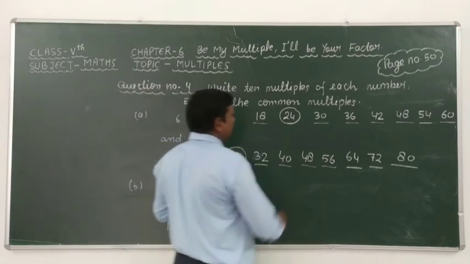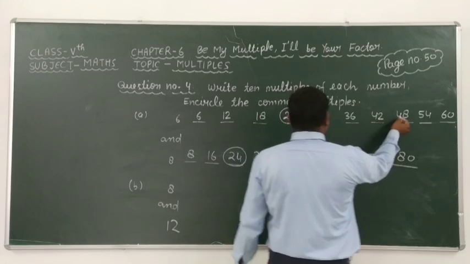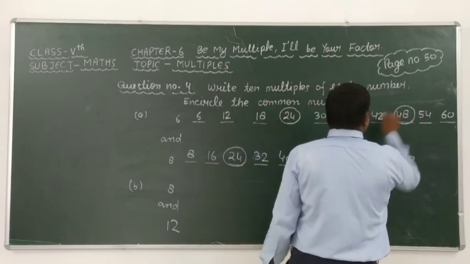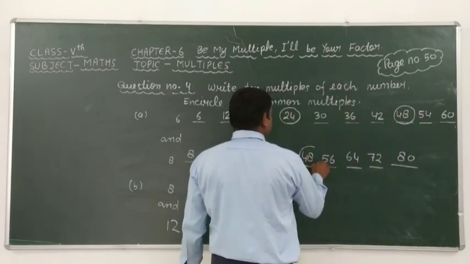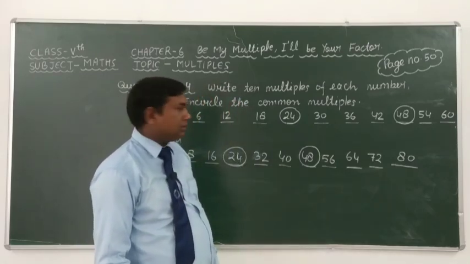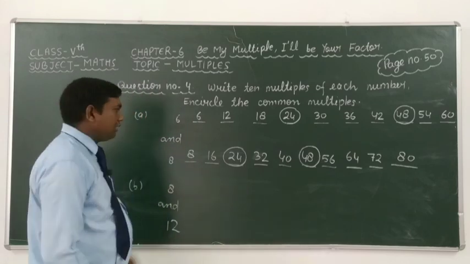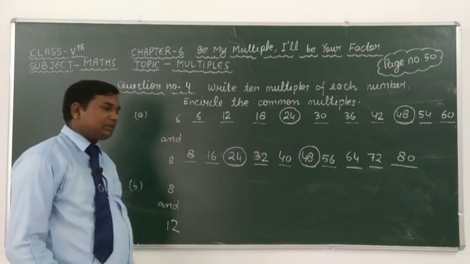Similarly, look, 48 and here we get 48. 48 is a common multiple of 6 and 8. Students, similarly we can solve all given questions.